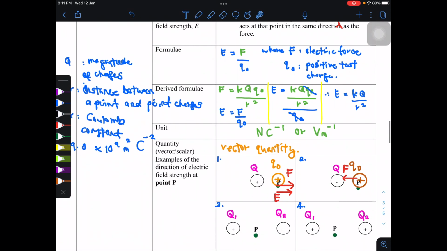So I'm going to show you that the direction of the electric field strength is in the same direction as the electric force. You can label here, this is the electric field strength E.